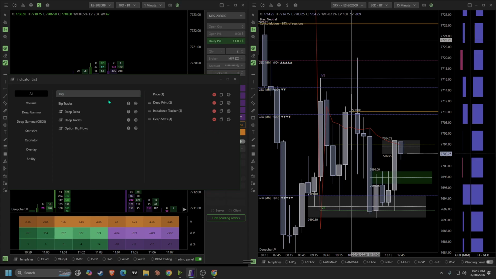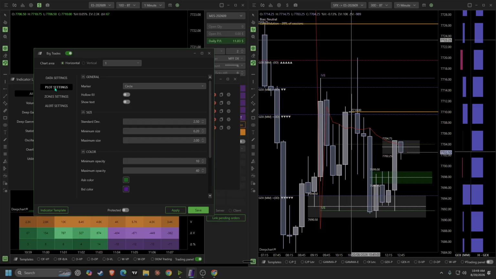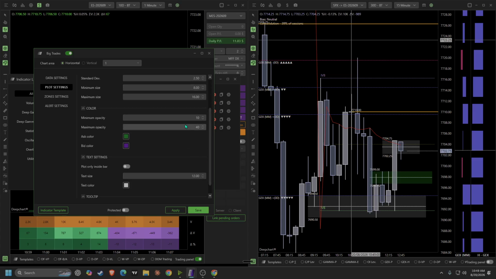It's a little different. All right, big trades. We're going 250 as a big number, and this is from one player. We're going to show the text so we can see the contract size. We're going to make the bubbles a little bit bigger when they print. Minimum size 8. Opacity just a little bit lighter, 30.